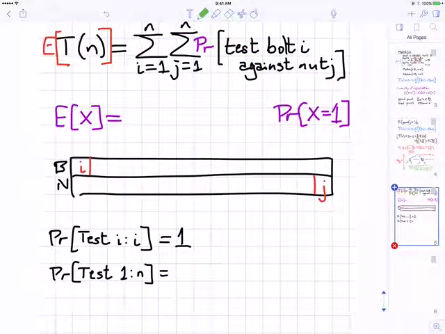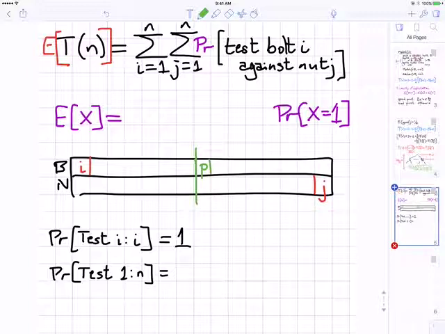Right. So the question is, first of all, the algorithm is going to choose a pivot. The pivot bolt is equally likely to be any one of these n bolts up here at the top. If the pivot bolt I choose is somewhere in the middle, then I'm going to end up splitting the problem into things smaller than the pivot and things larger than the pivot.